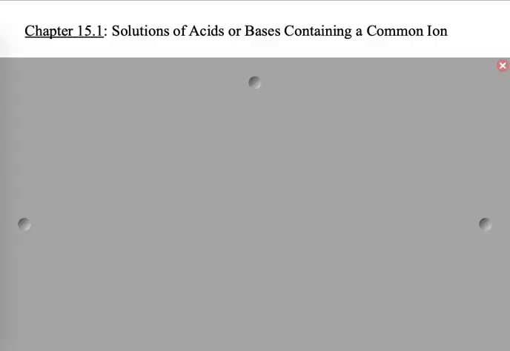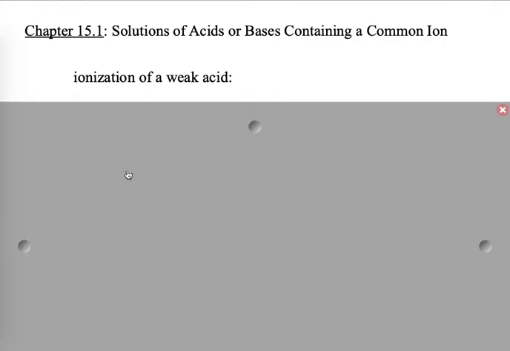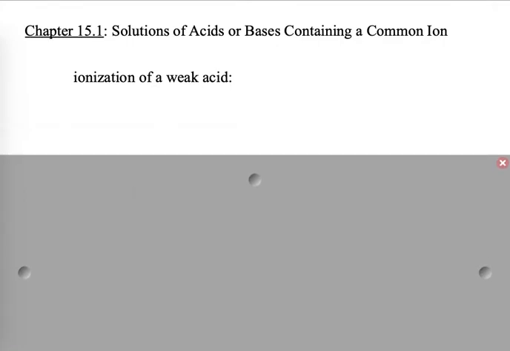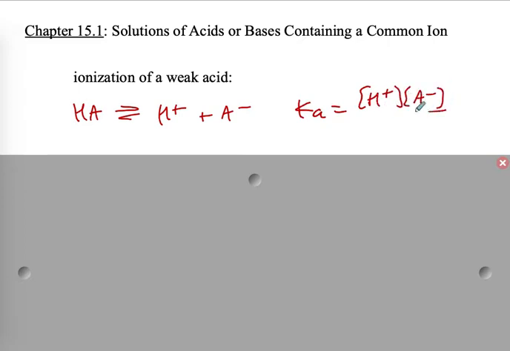Solutions of acids or bases containing a common ion. So let's consider the prototypical ionization of a weak acid, HA, in equilibrium with H plus and A minus, for which we can write the Ka expression, H plus times A minus over HA.